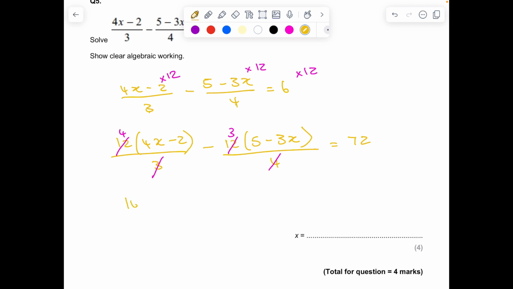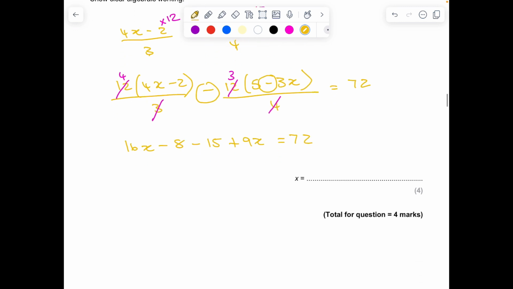So that's 16x minus 8 minus 15 plus, because I've got a minus and a minus here, so minus 3 times minus 3x is plus 9x equals 72. Okay, so just be careful of that with the negatives.